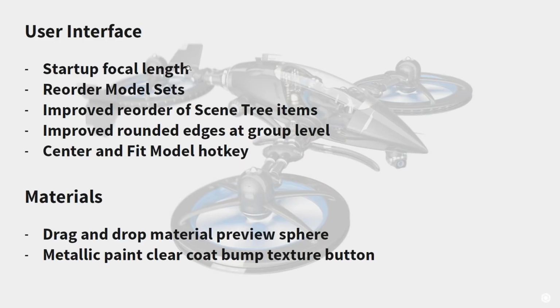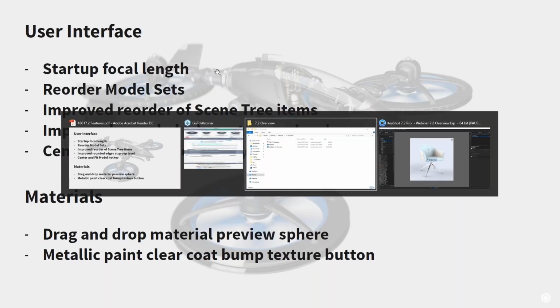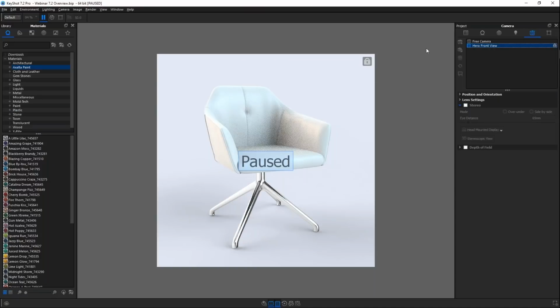And so starting off with user interface here, the first item that we have here is a startup focal length. So what this means, if I hop on over to my KeyShot scene, is that we have a default value of 50 applied to the perspective.